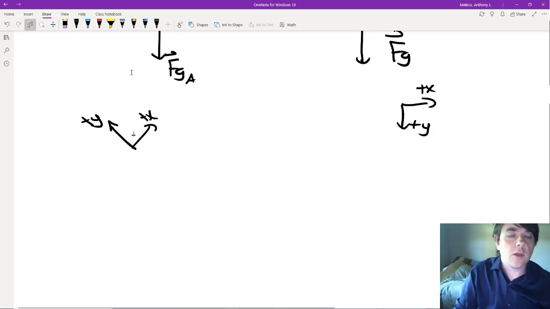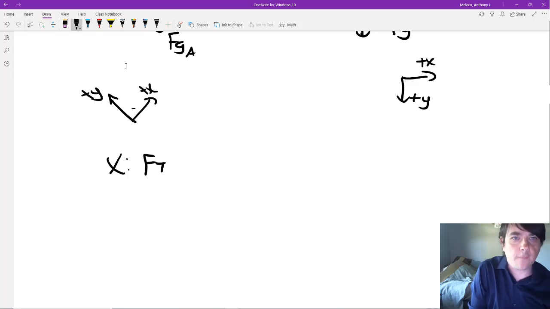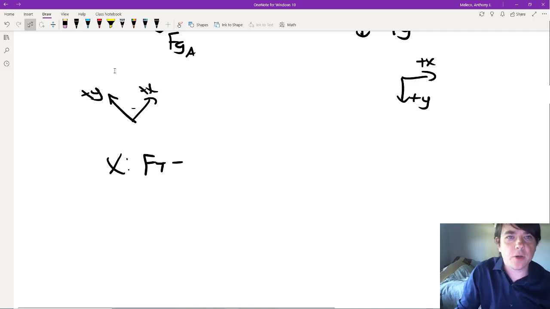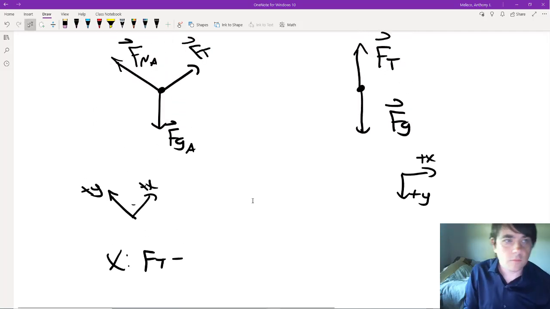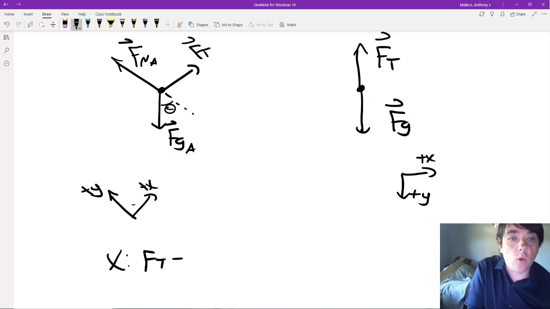So in the x direction, we have F_T pointing in that way, and then we have minus some component of gravity, right? The component of gravity will be with the y-axis, not with the x, so don't make this theta. That's a common mistake. It's making an angle with the y, okay?